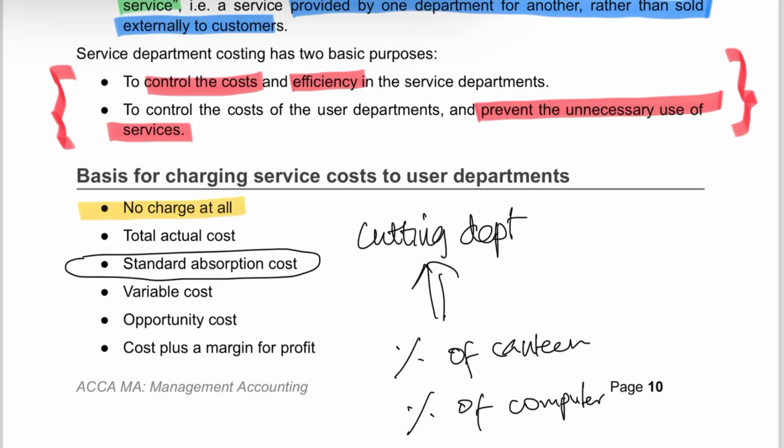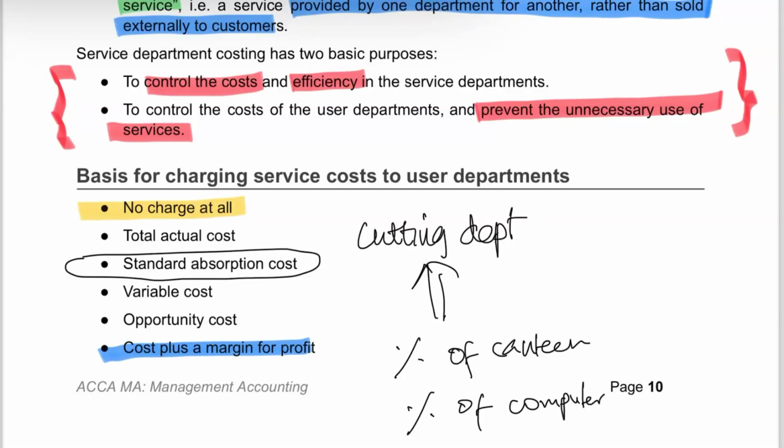Maybe based on variable cost, maybe based on opportunity cost, foregone time, foregone resources, or maybe cost plus a margin of profit. So that's when we are maybe trying to create the concept of that service department being a separate entity.